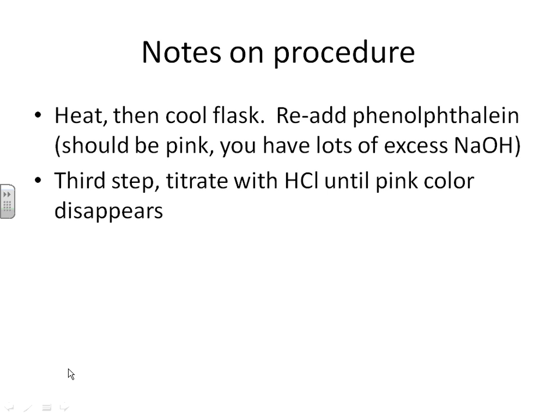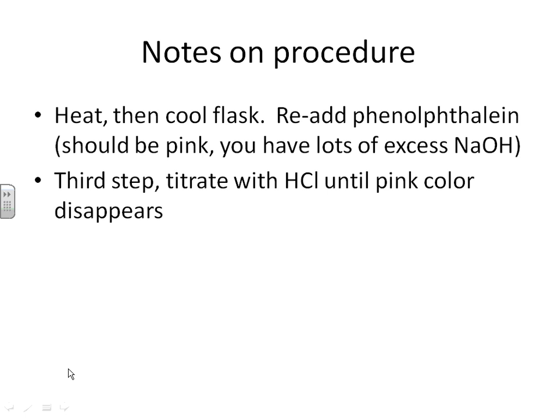You should probably re-add the phenolphthalein at this point. You want your solution to be a hot pink. We have lots of excess NaOH, so this should be a very basic solution. If your solution isn't pink, it just means that you need to re-add the phenolphthalein. It might have deteriorated in the process.